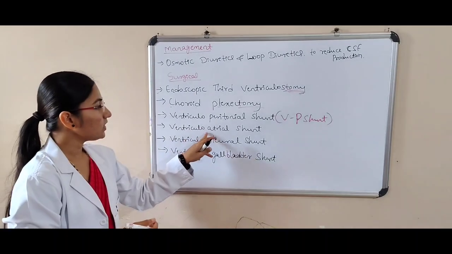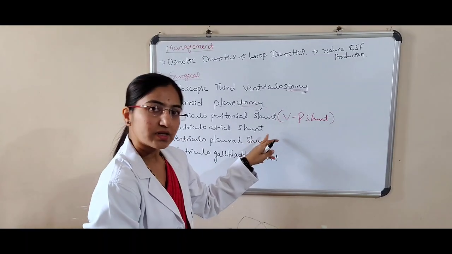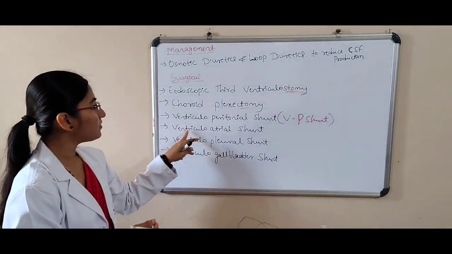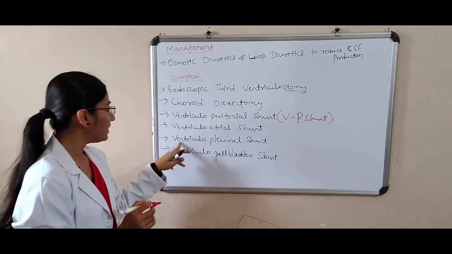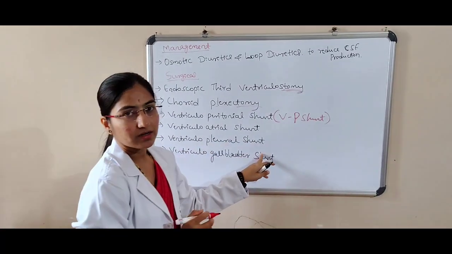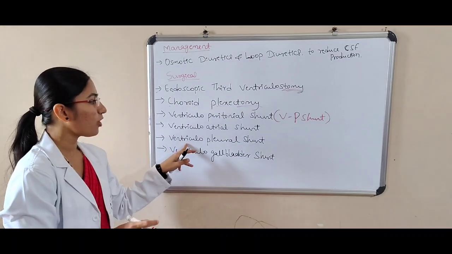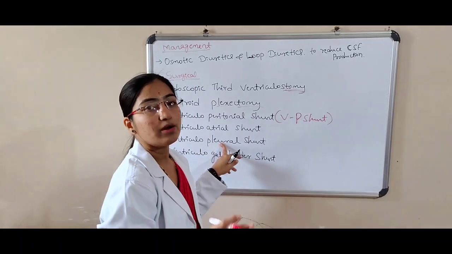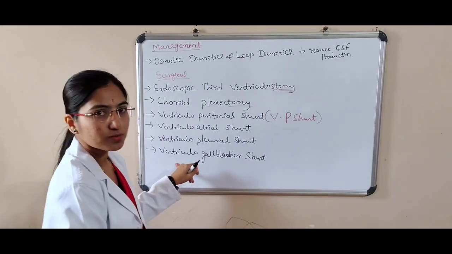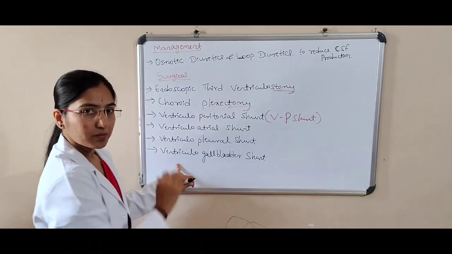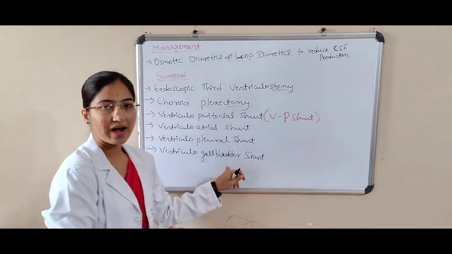And then ventriculoatrial shunt. Again it is transferring from the brain to the atrium, that is into the heart. And then ventriculopleural shunt, transferring the CSF from the brain into the pleural cavity. And then next, the last option, if this won't work, is the ventriculo-gallbladder shunt.